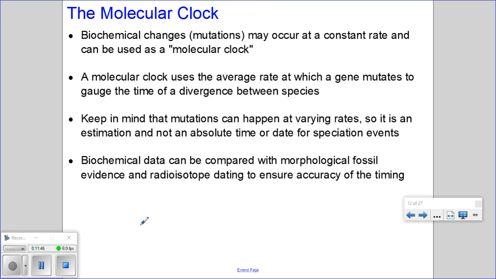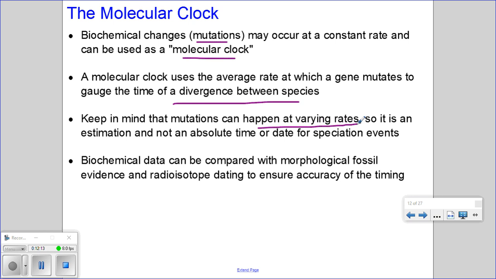Now, looking at the molecular clock, these biochemical changes, these mutations, may occur at a constant rate and can be used as a molecular clock. A molecular clock will use the average rate at which a gene mutates to gauge the time of a divergence between species. Now keep in mind that mutations can happen at varying rates.